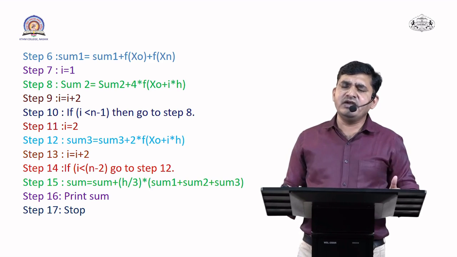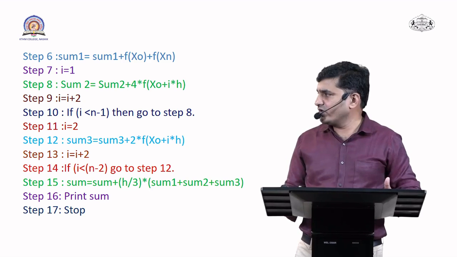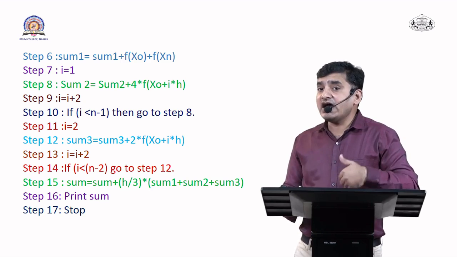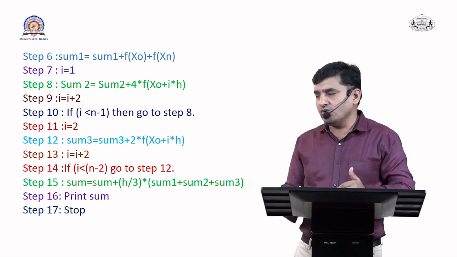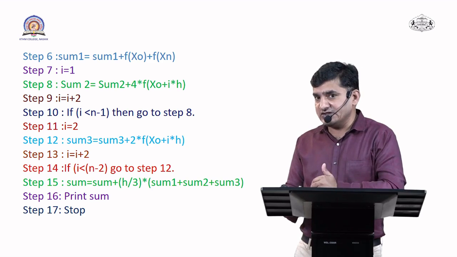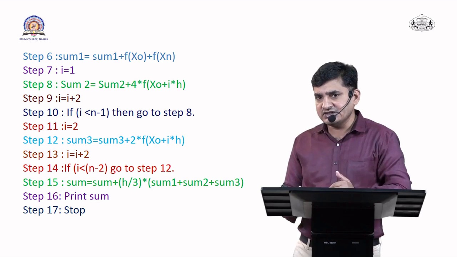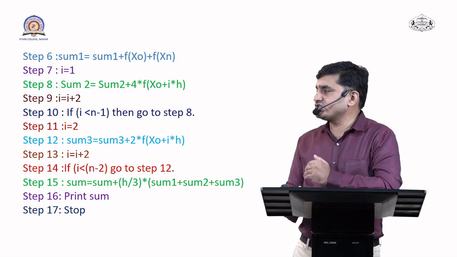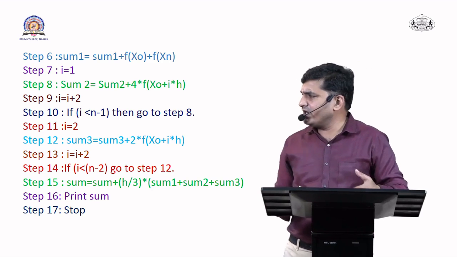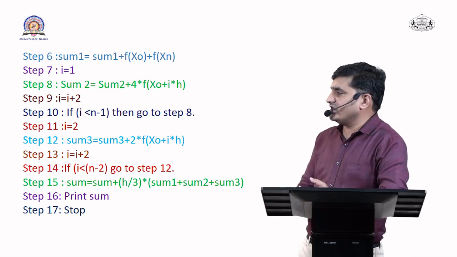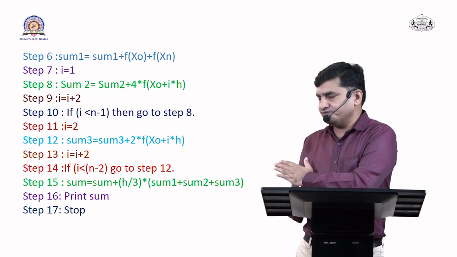Now I is incremented by 2 so that we get the second even term. Okay, then when I is equal to 2, find the sum, that is 2 into f of x0 plus I into h, that is x0 plus 2h. This process is carried out. I is incremented by 2, and check the condition: I is less than or equal to n minus 2.